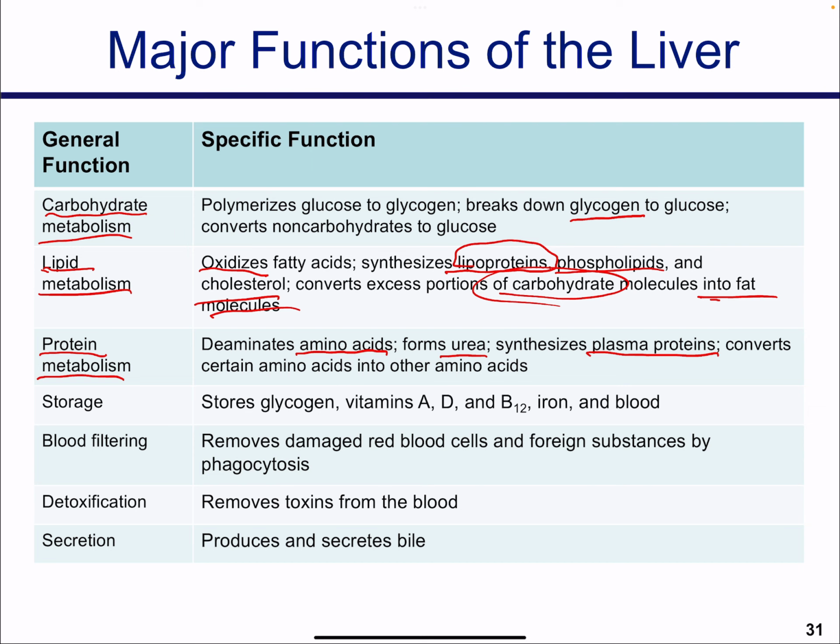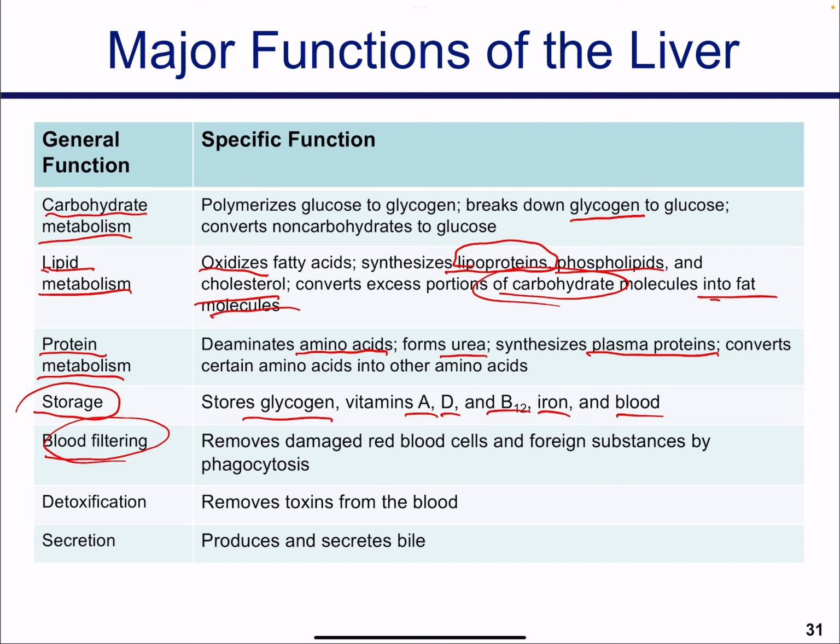The liver, it's an organ that is also used as a storage. It's going to store glycogen, the vitamins, including vitamin A, D, B12, also some iron, and the blood. The liver is also going to be able to filter blood, okay? It's going to remove damaged cells and foreign substances.